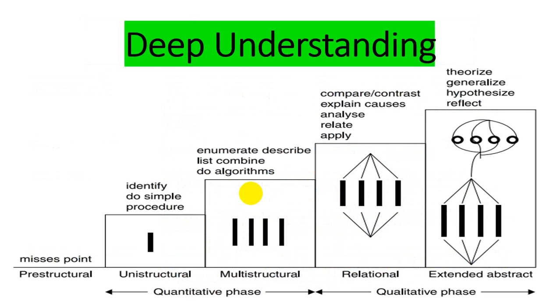So this figure will present our ideas or levels of information very clearly. We have here at the first part, the student fails to provide some kind of input, while here we ask him to provide one piece of information, just like identify or do a simple procedure.